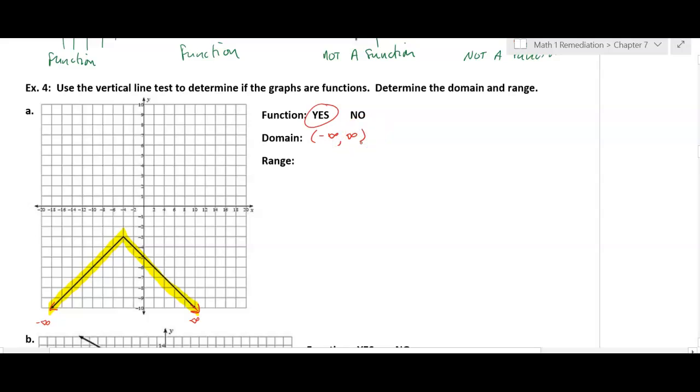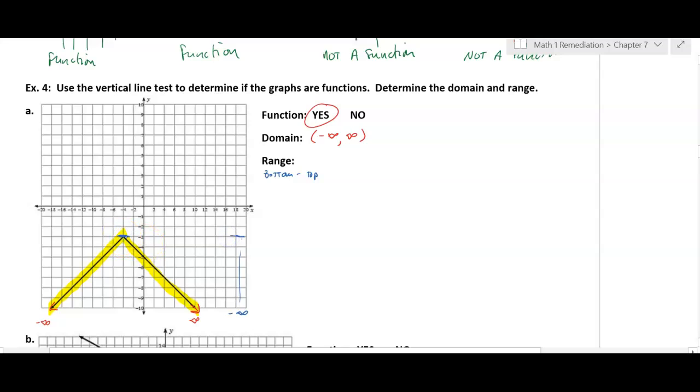However, my range, anytime we write the range, we want to work from the bottom to the top. So where does this graph start on the bottom? Well, if I look, both sides of the graph are pointing down forever and ever, so it's going to start at the bottom at -infinity, and it's going to go all the way up and stop.